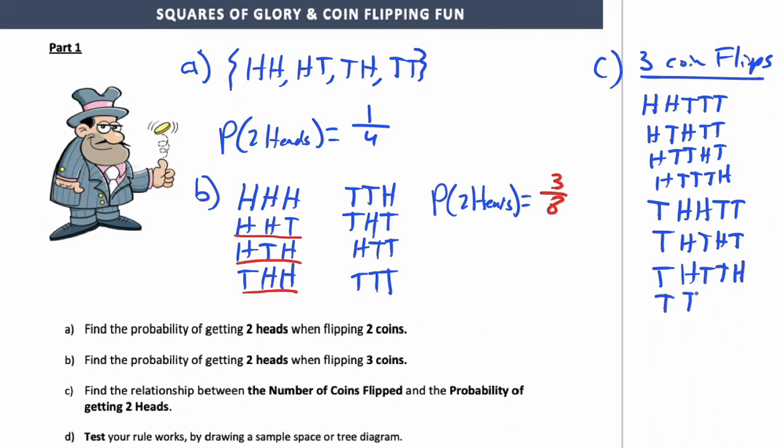And it could be the first two are tails, and then we've got heads, heads, tails. So let's move the second one and keep this first heads fixed. And finally it could be tails, tails, tails, heads, heads. So all together here we've got 1, 2, 3, 4, 5, 6, 7, 8, 9, 10.